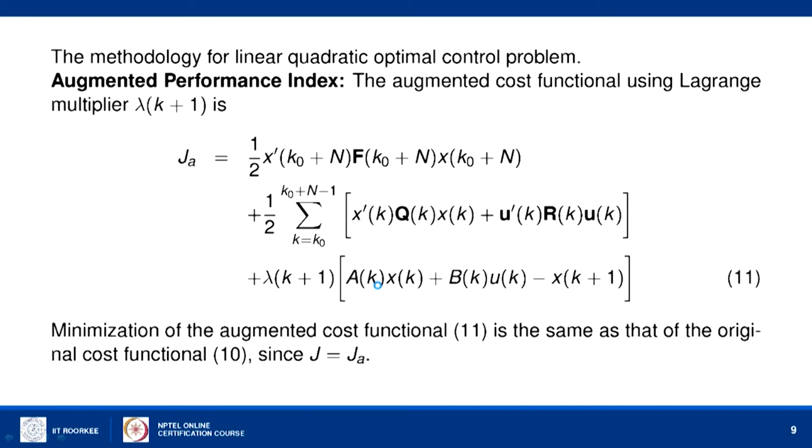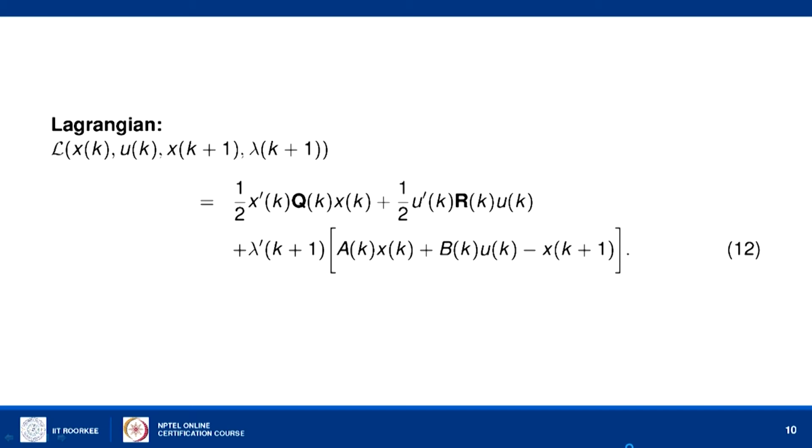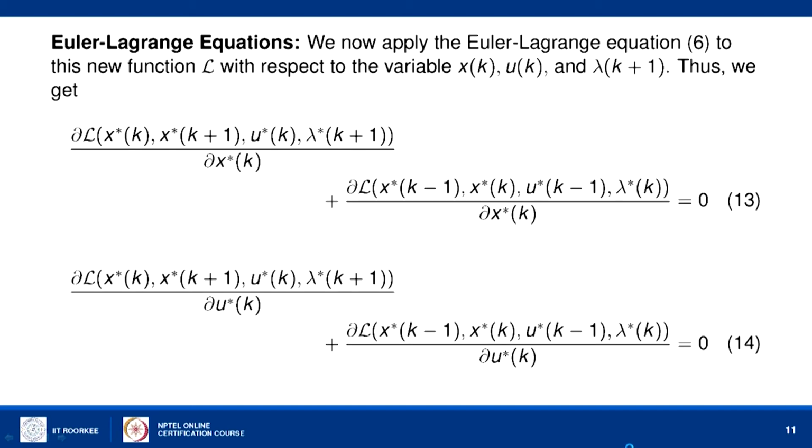The Lagrangian is the expression given here; except for the first term, the second and third terms constitute the Lagrangian of the problem. The necessary condition for the optimum value is del L at k by del x k plus del L at k minus 1 by del x k equal to 0.